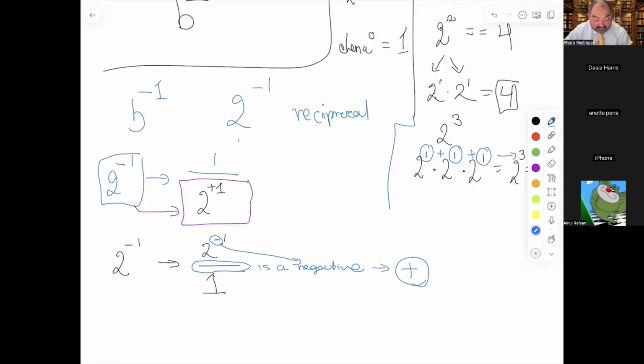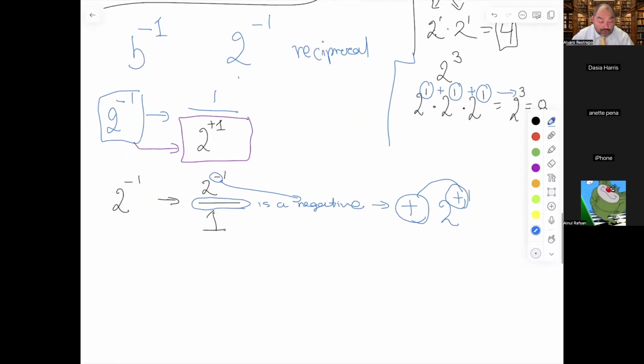Positive. So it becomes 2 to the positive 1, because the division sign is a negative. These are things the book doesn't explain to you, but I am. So when I put it over a fraction, it's like saying a negative times a negative, right? It becomes a positive. And this becomes a 2.